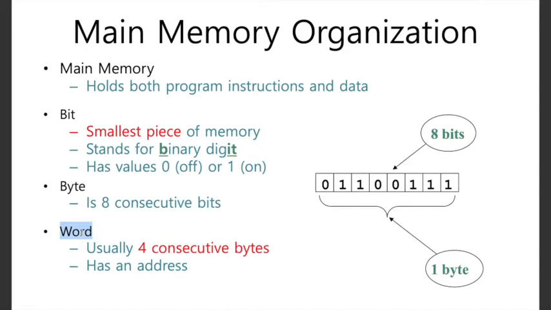So whenever you write an instruction for a computer, that instruction is organized into words, and the CPU reads one word. For us, a word is just, for instance, this is a word, right? Or thanks is a word. But for a computer, it is just 4 consecutive bytes, that means 32 bits is a word. So it reads that and executes the instruction.